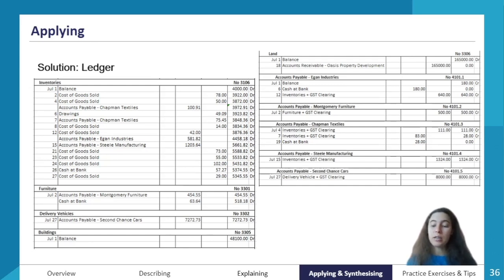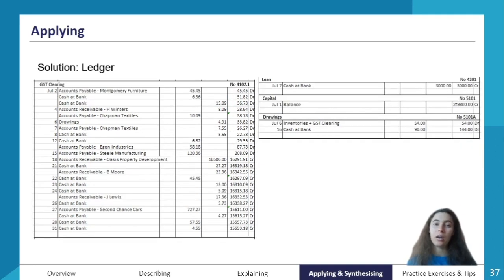And like I mentioned, this is reflected in the trial balance, which we'll be looking at next. And then lastly, we've got our GST clearing, loan, capital, and drawings. So making sure that you put in everything that's included in that opening entry. So capital doesn't appear anywhere else except for that opening entry, but it still has to be included in the record.